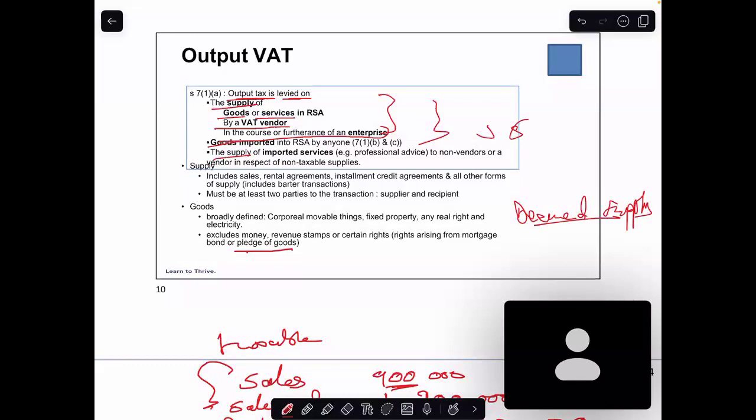Right. Let's all go to our textbook there, Silk. Go to Silk and look for deemed supply. All right. Let me scroll on it here on my laptop. I'll tell you the page now. Right, Silk page.